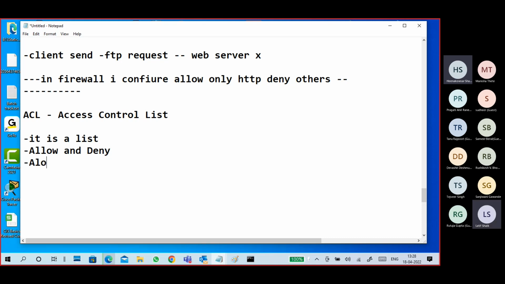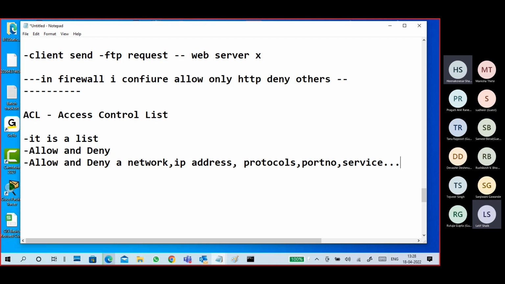So you can allow and deny a network or IP address, a network or multiple networks. It depends upon you. Network or IP address, okay, and also protocols, or you can say port numbers or particular services.